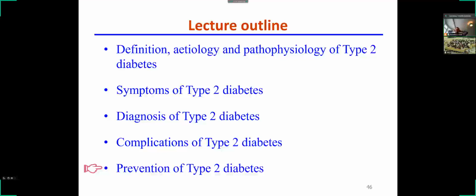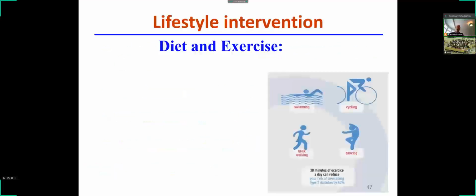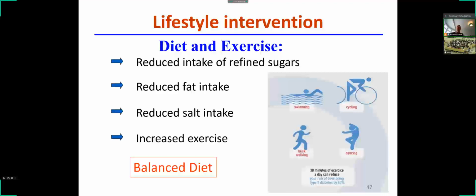So, with all these complications, what are some of the ways that type 2 diabetes can be prevented? We'll talk again about the drugs in the next series of lectures, but today we'll just talk about lifestyle interventions because those are probably the easiest and most effective, certainly in the early stages, but even also in the later stages.